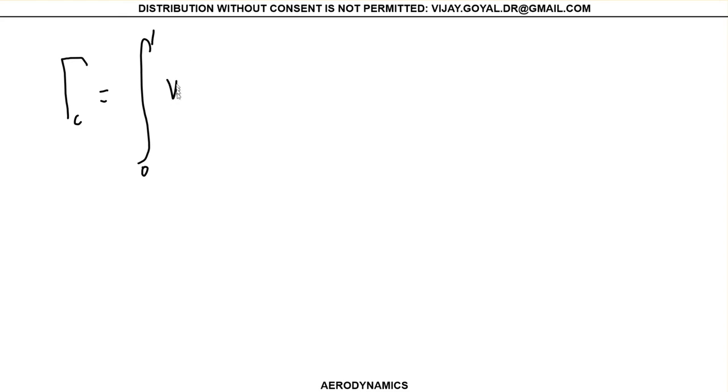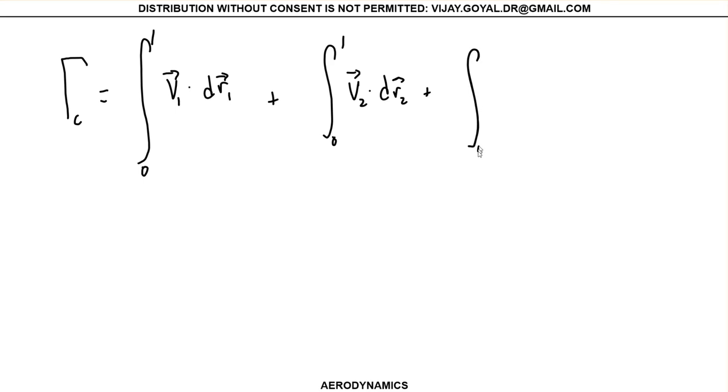Okay, so this is the integral from 0 to 1 of velocity 1 dot dr1, plus the integral from 0 to 1 of velocity 2 dot dr2, plus the integral from 0 to 1 of velocity 3 dot dr3. Okay, so if I did this, it will be equal to the following.